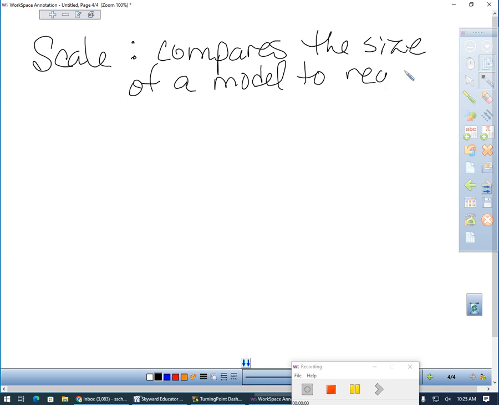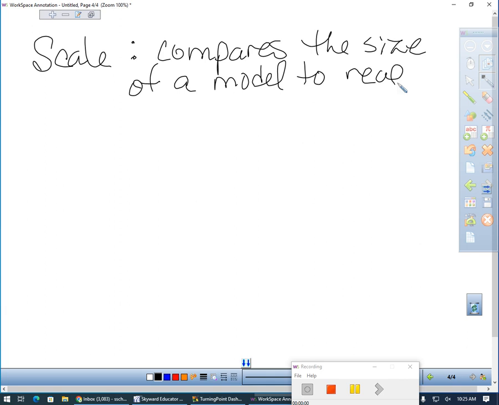I'm going to say it that way. So sometimes it's a map to the real size of Earth. Sometimes it's a model, like a model car to a real-size car, or a model airplane. Or sometimes it's the model of a building for the real building. Those are all scales. And how they compare them is what we are going to use to actually find the size of what we want everything to be.